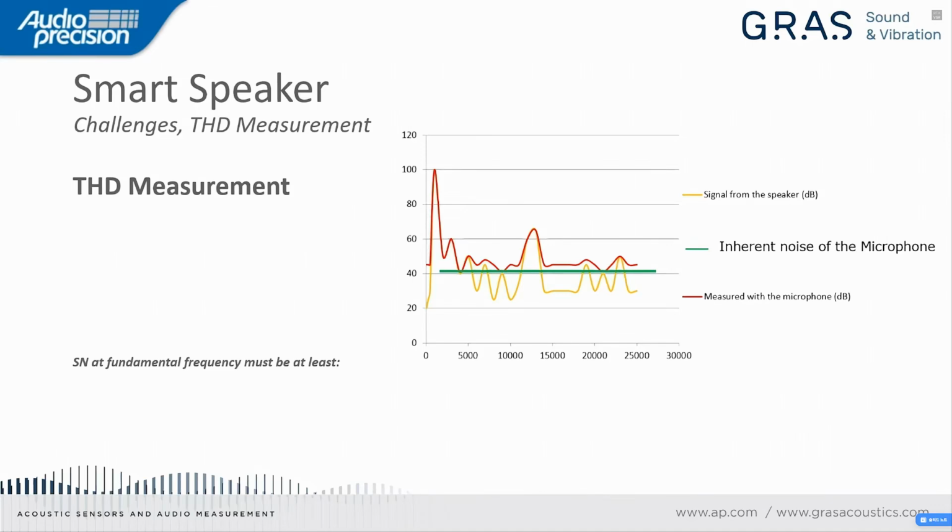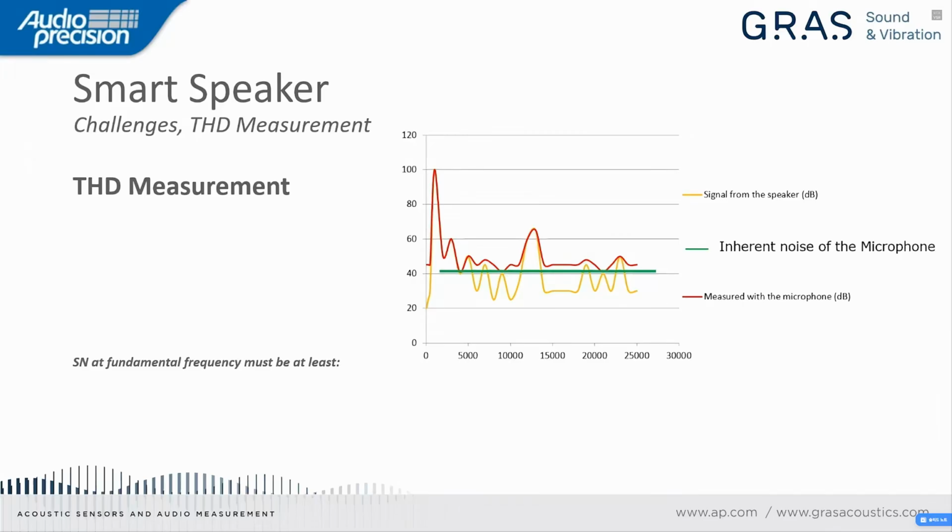At frequencies where the yellow one is below the green one, the inherent noise of the microphone itself, we will not be able to measure below the self noise of the microphone.